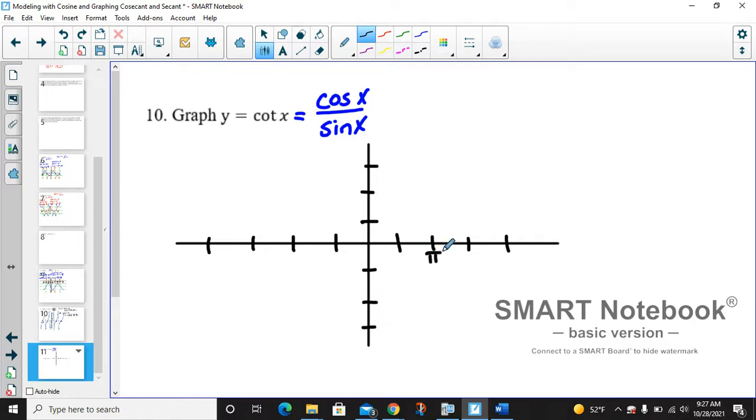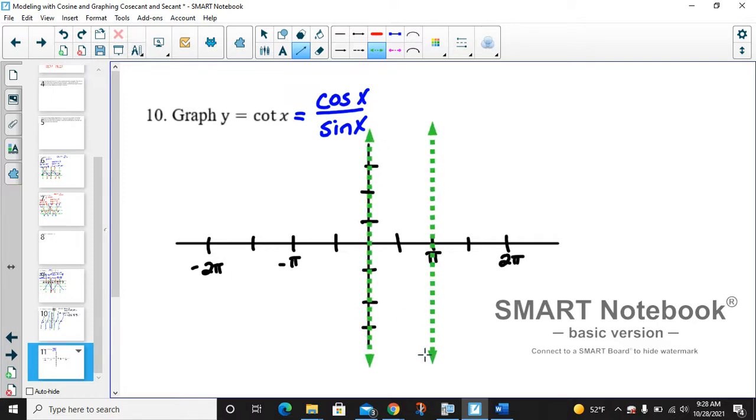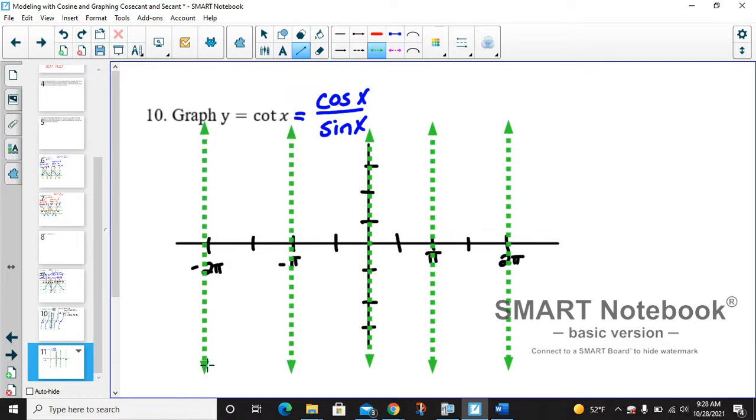So again, we have pi, 2 pi, negative pi, negative 2 pi. Our vertical asymptotes occur where the bottom is 0. Well, sine is 0 at 0 and at pi and at 2 pi and at 3 pi, and negative pi, negative 2 pi, and so on and so forth.